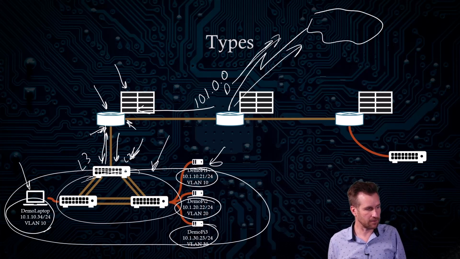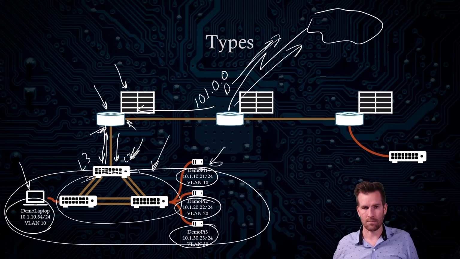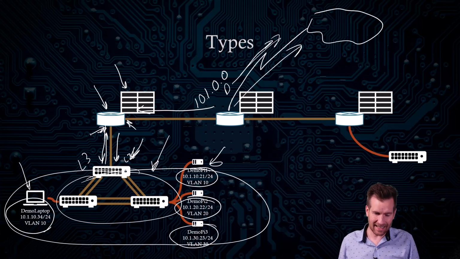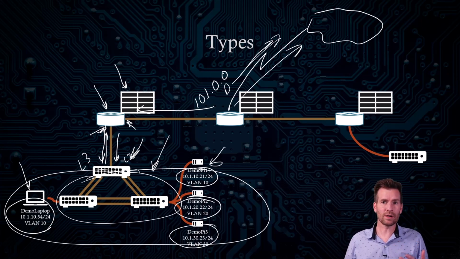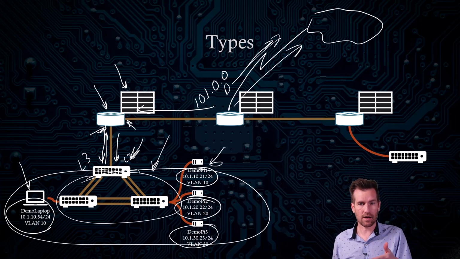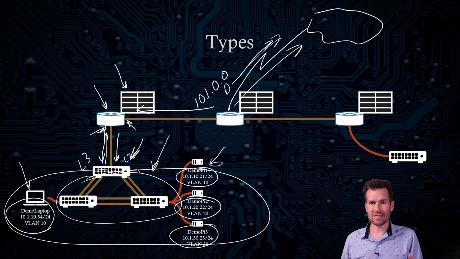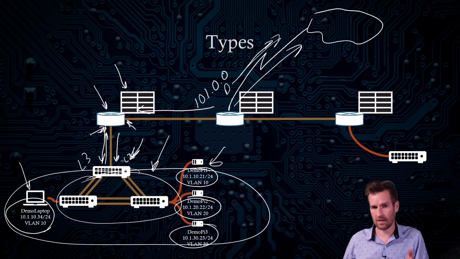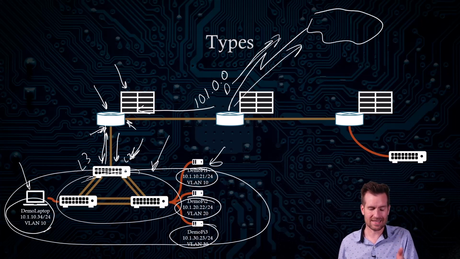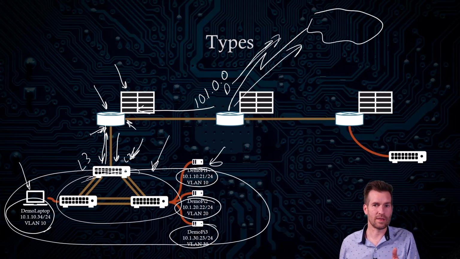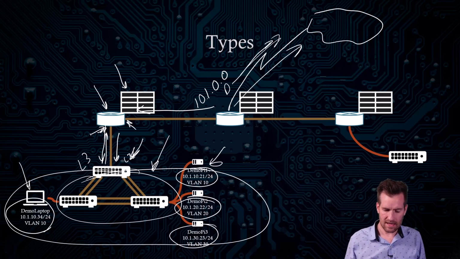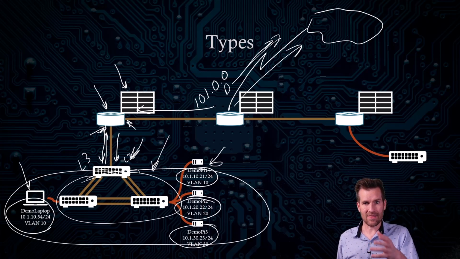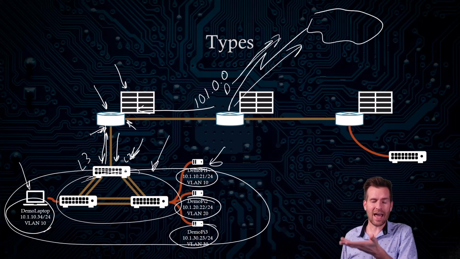And then we have a floating static route. A floating static route is the same as a regular standard route, but we put it in with a higher administrative distance. So it's not going to prefer that one. It's going to prefer the standard static route. And the reason why we would do that is because if something goes down and that route gets taken out of the routing table, then we have a backup route.